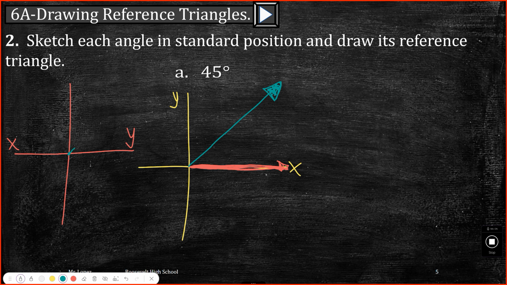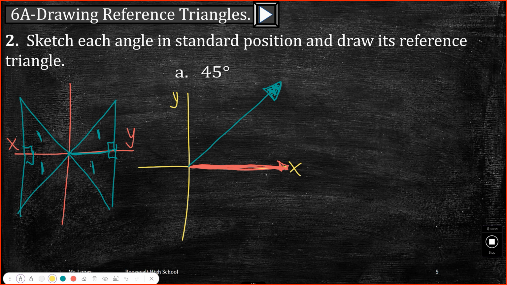If it ends up in the first quadrant, it's always this as your reference triangle. If you end up in this quadrant, one side is always on the x-axis. At the end, it's going to be one of the bow ties, a butterfly bow tie. So it's either going to be this one, this one, this one, or this one.